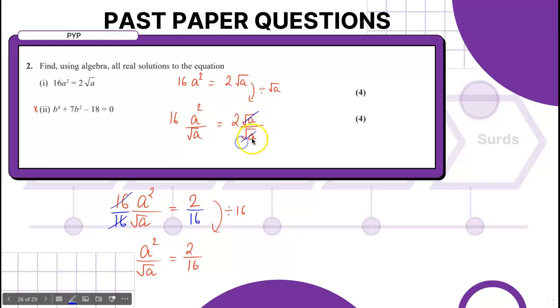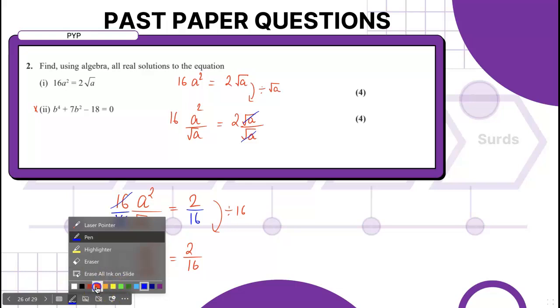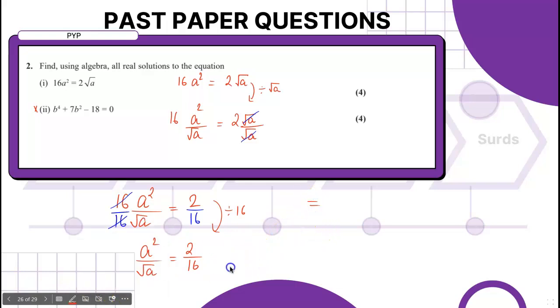Similarly, this is cancelled. Cancelling meaning dividing and giving you 1. Now, from here, you have a squared over a to the power half, equal to 1 over 8.